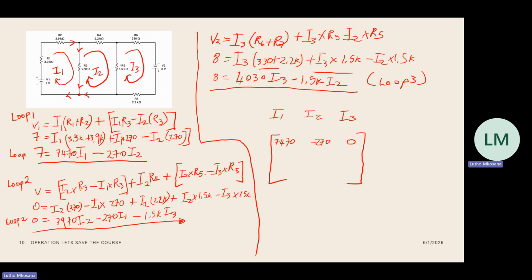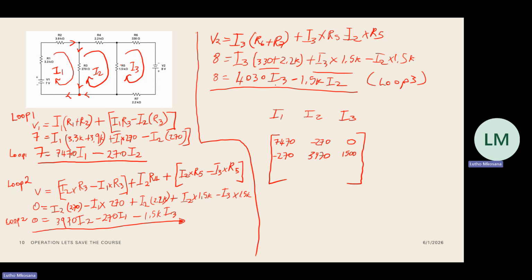And for loop 2, for I1, we have minus 270. For I2, we have 3970. For I3, we have 1.5K, so I'll just write the whole thing, 1500.